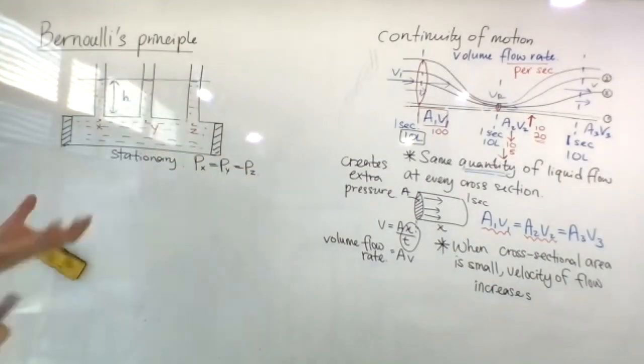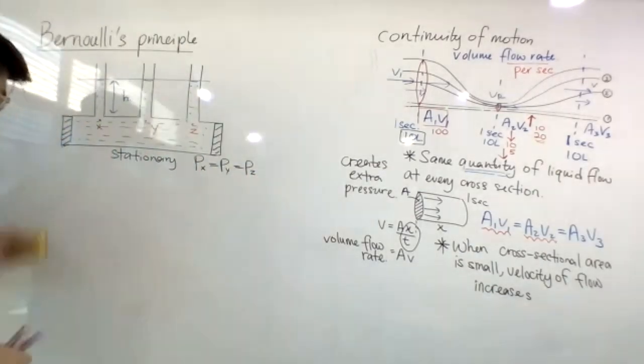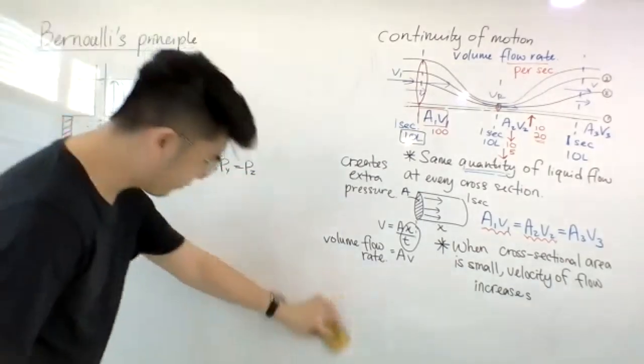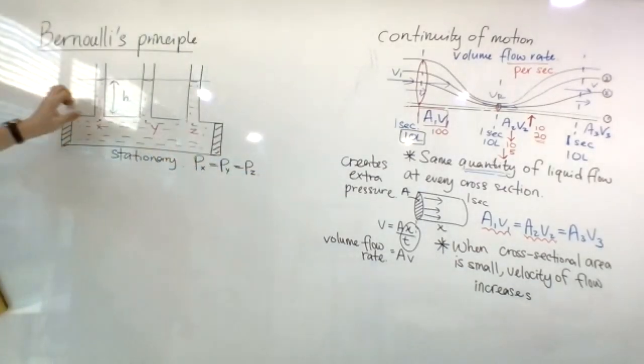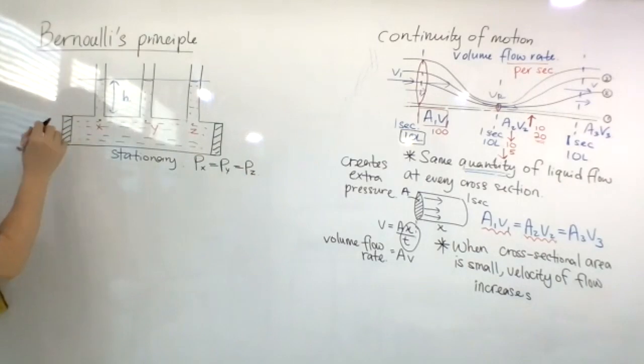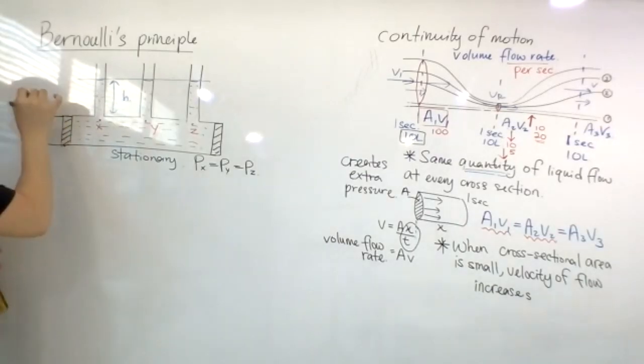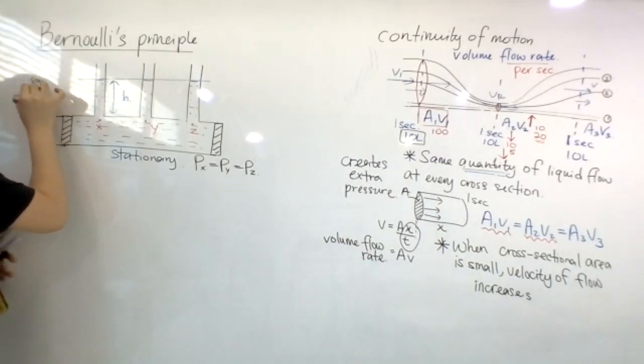Okay, same pressure. Now, suppose that I open the valve. Okay, I open these two valves. Let's say that this is connected to a pipe where you have a supply of water here. Supply.